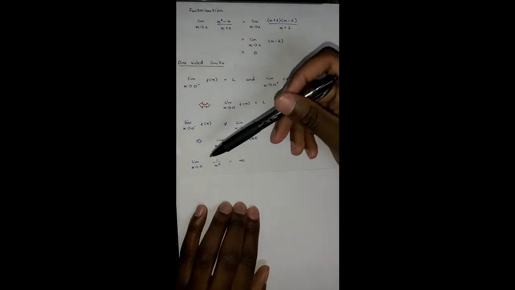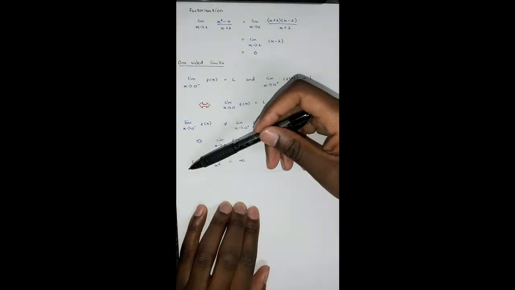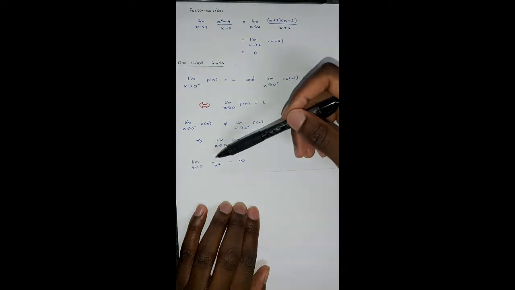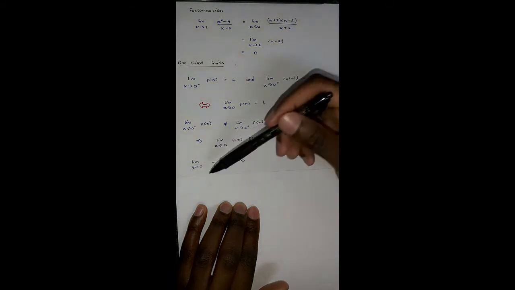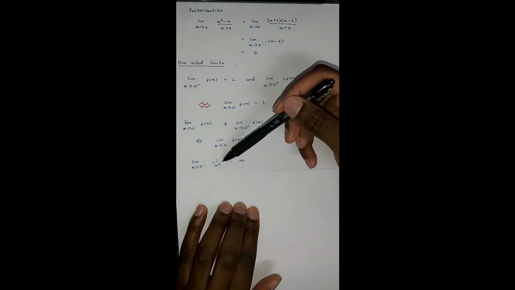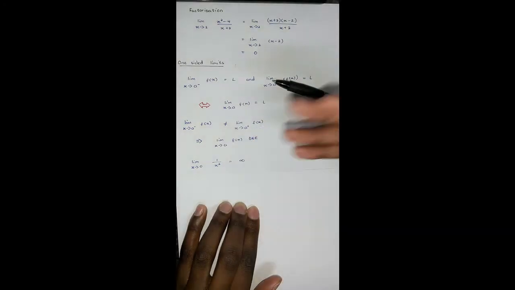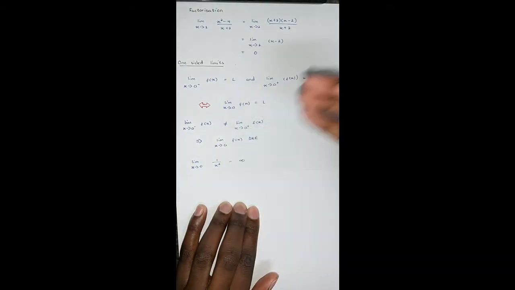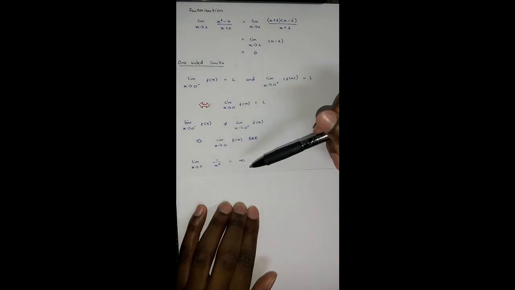Moving on, we can have an instance where we have the limit of 1 over x² as x approaches 0. As x approaches 0, you can look at perhaps 0.05. 0.05 squared is a very small number, and so it's 1 over a very small number, which approaches infinity.